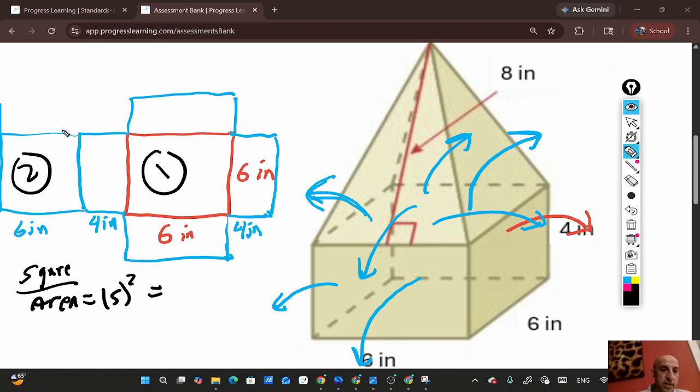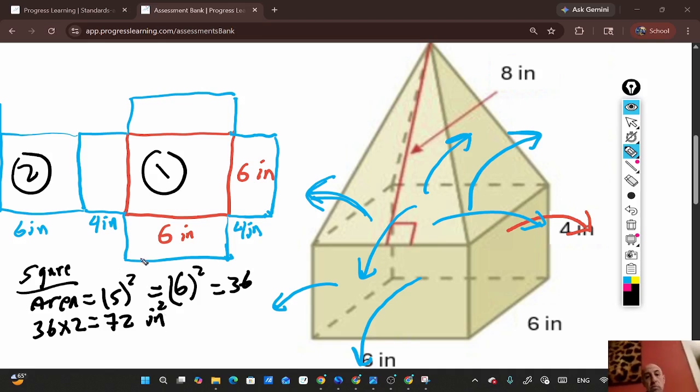The same with the second one: 6 inches on each side. That means exactly 6 squared, which equals 36. But because we have 2 squares, the total is multiplied by 2 and equals 72 square inches. So we have 72 square inches.